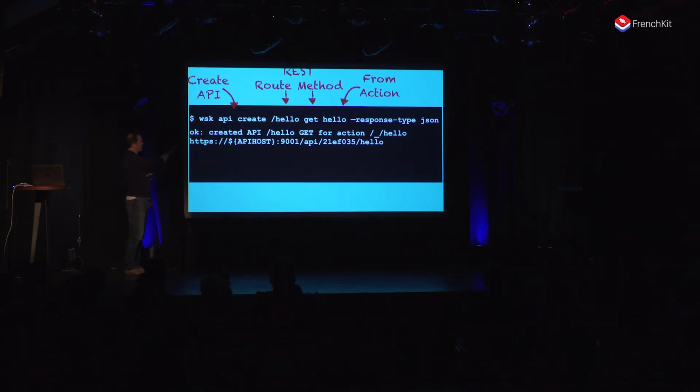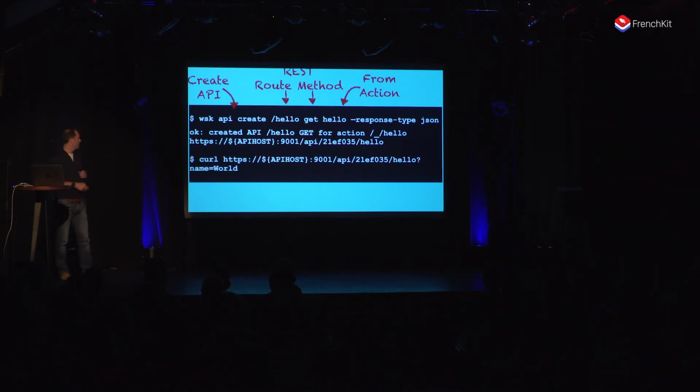So it's now registered on my host name, 9001, under API, some hashing, and then hello. And I can then use an API gateway to do a redirect so that I can have a normal-looking URL that pipes through to this. And once I've done that, I can use curl or any other utility to check that it's working. And that's how I start to compose this.